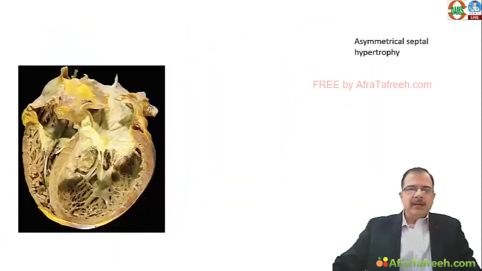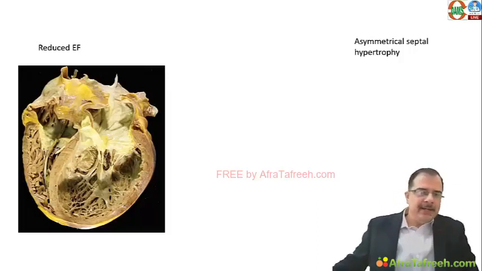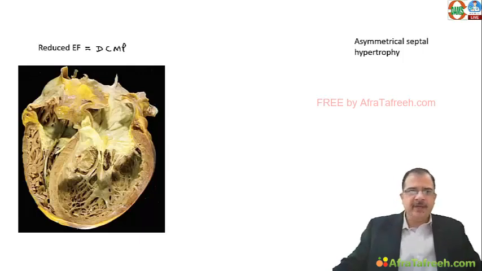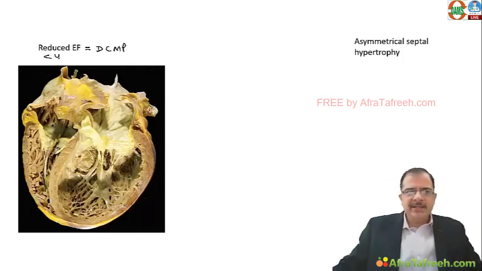Now, coming to cardiomyopathy. In the cardiomyopathy section, if reduced ejection fraction is mentioned and dilatation of all four chambers is given, this is a case of dilated cardiomyopathy straight away. This is very easy to diagnose. Reduced ejection fraction means less than 40%.